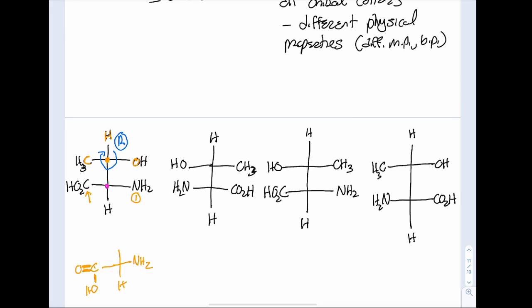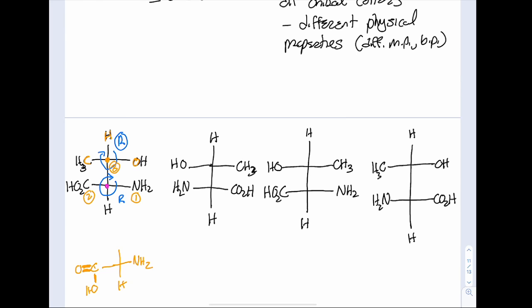So let me try to get some of this off of here. Number 2 is going to be my carboxylic acid group, and then number 3 is going up. So as I go from 1 to 2 to 3, I'm going in this direction. That also is clockwise.